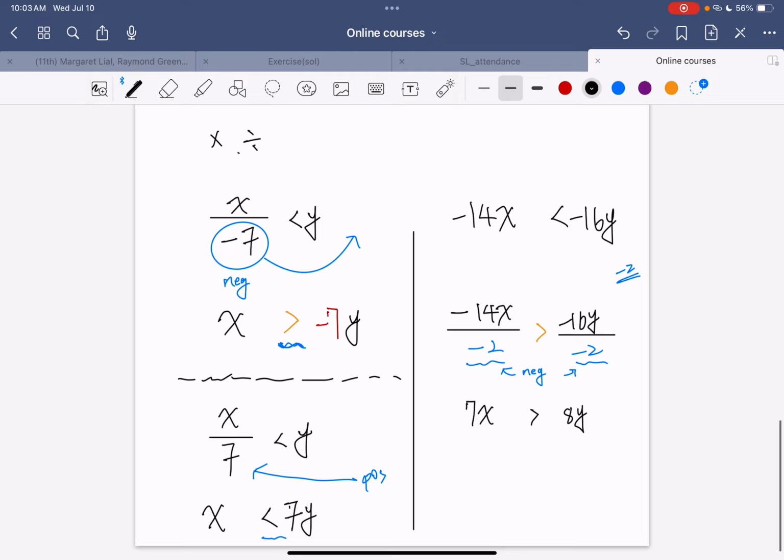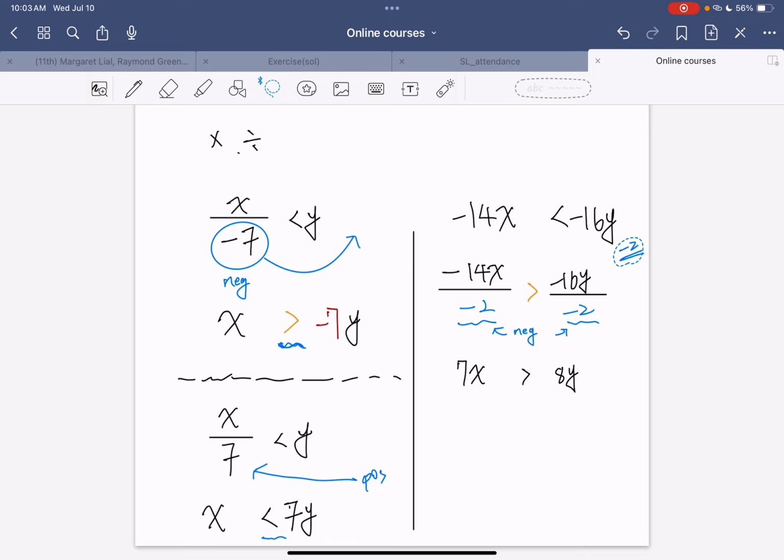And for the positive one, let's say 14x is less than 16y. The thing we're going to do is simply divide each side by 2.